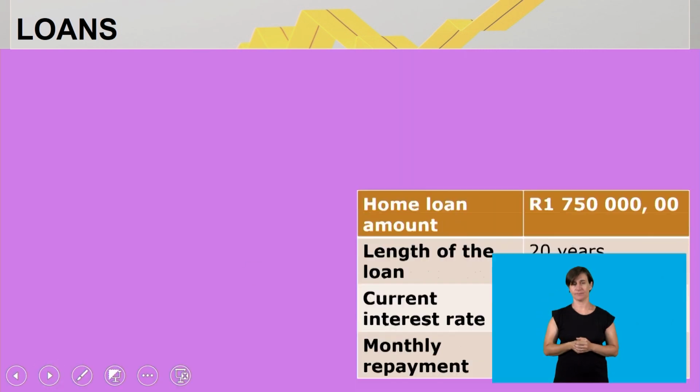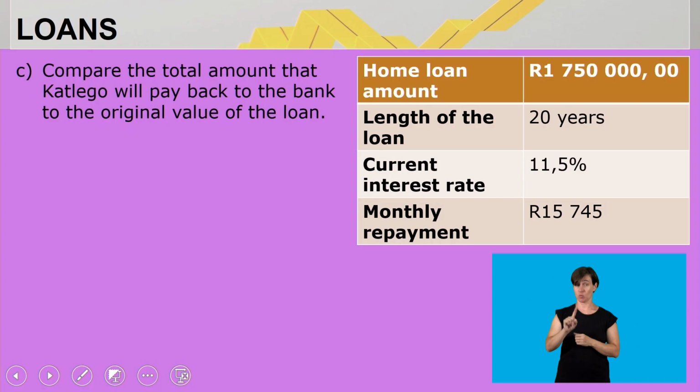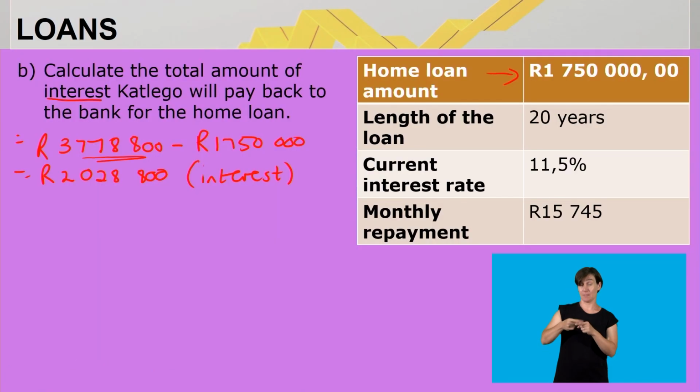Let's look at our last question here. I'm saying compare the total amount that Katleo will pay back to the bank to the original loan value. So the total amount that he'll pay back to the original loan value. Guys, it's clear that he'll pay more than double, right? I'll quickly go back just to point that out to you again. This is what he needs to pay back, 3,778,800.